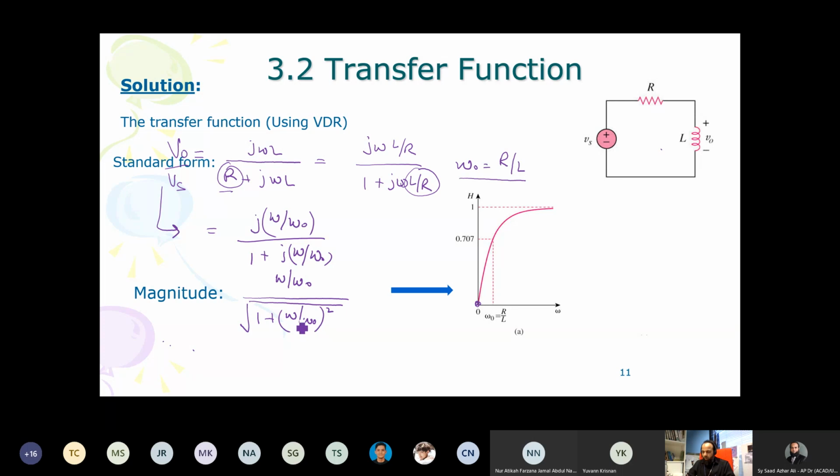For omega equal to omega naught, it is 1 and 1, so it's 1 upon root 2, which is 0.707. If we keep on increasing to omega infinity, it is infinity upon infinity, which is like 1, because it's a bigger number. So this is for the magnitude.